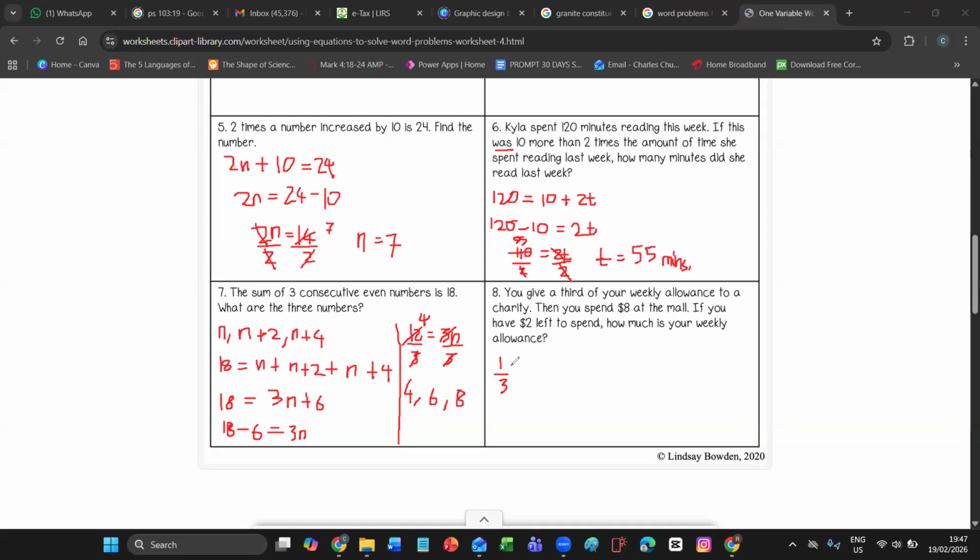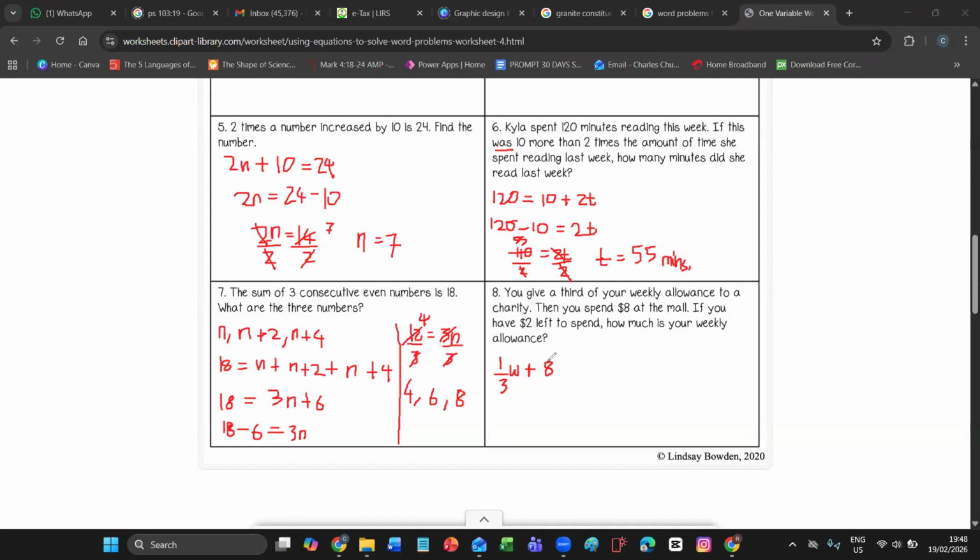1/3 of W, the weekly allowance, plus they said $8 was spent at a mall, and my plus is looking like a cross. Okay, yeah, plus $8 at the mall.